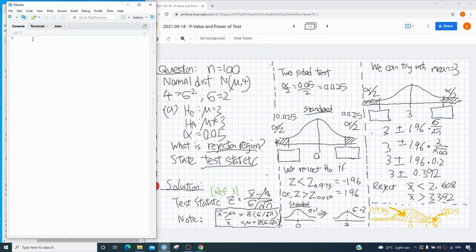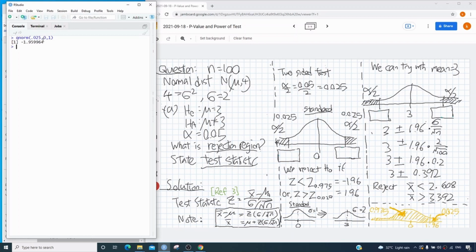I'm going to use RStudio to get it. As mentioned, the RStudio command is qnorm. Q stands for quantile, so we will put 0.025, 0, 1.